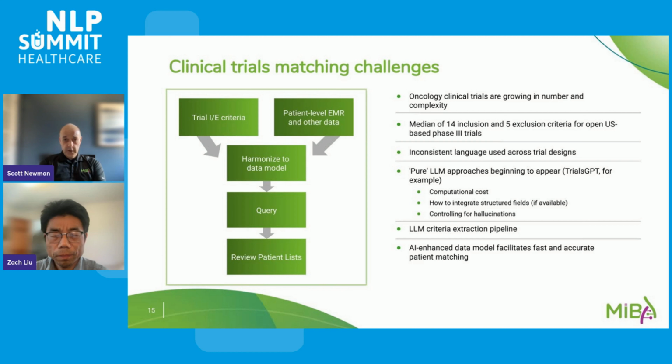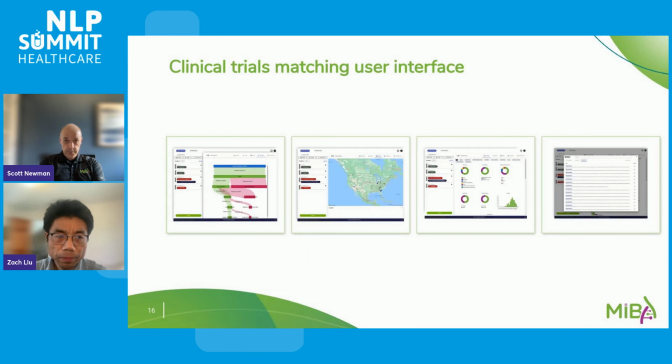We do the same operation with our patients. We can then build a query based on the inclusion and exclusion criteria, and that produces a patient list that a trials coordinator can then review and decide if a given patient really is suitable for that clinical trial.